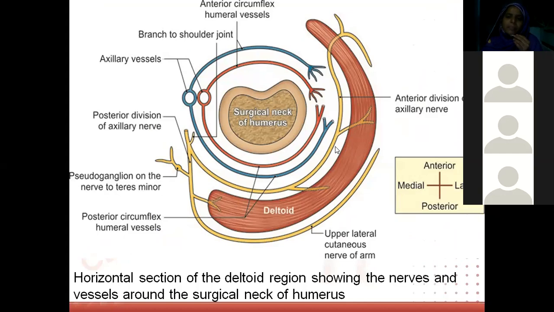Now, this picture is showing us deltoid muscle. And we know this is the surgical neck of the humerus. Surrounding the surgical neck, we have anteriorly the anterior circumflex humeral vessels, posteriorly the posterior circumflex humeral vessels. Along with posterior circumflex, we have the axillary nerve. We know deltoid is supplied by axillary nerve.